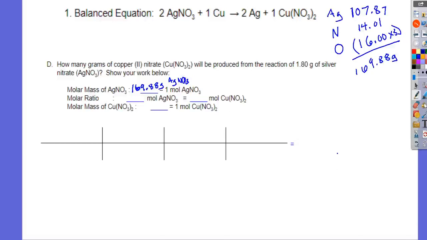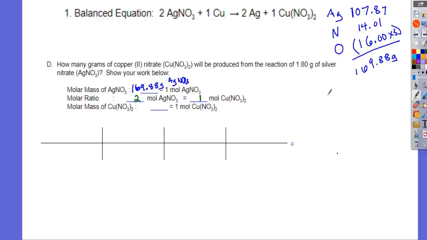Next, I need my molar ratio. If I look here, I've got a coefficient of 2 in front of my silver nitrate and a coefficient of 1 in front of my copper nitrate. Now, I just need to find my molar mass of copper nitrate.